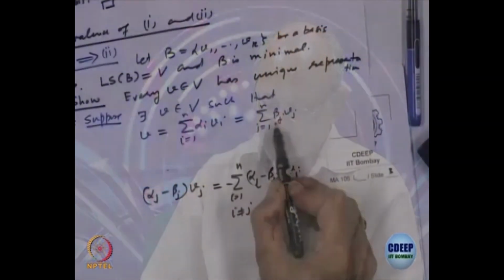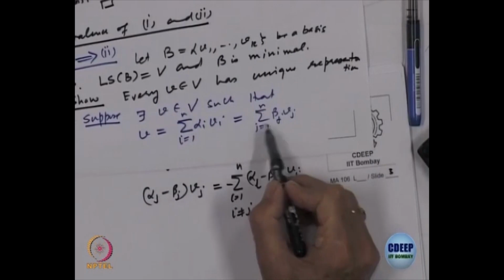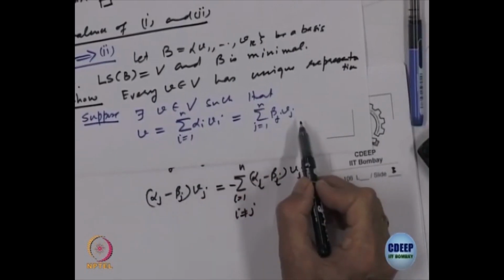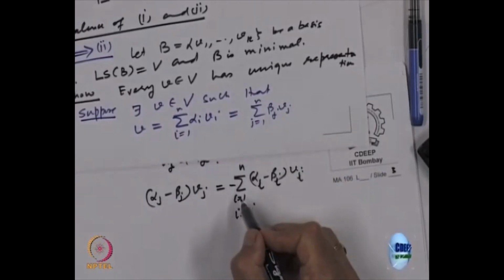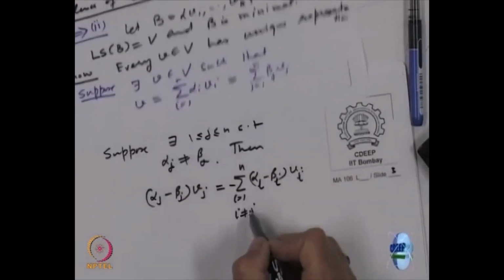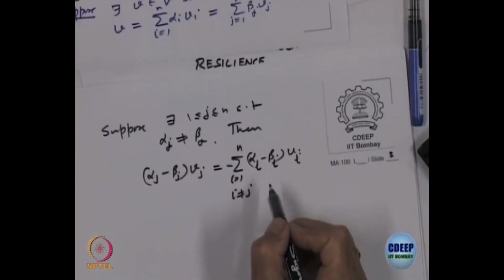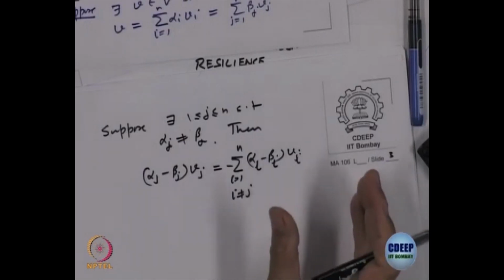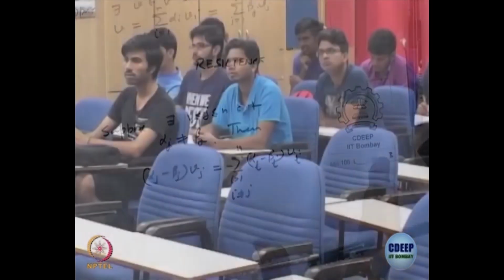Is it okay? From this is equal to this. So, if I bring it on this side, alpha i minus beta i V i summation is equal to 0, right. I take the other things on the other side, i not equal to j. I am just taking one term on one side, everything else on the other side, right.